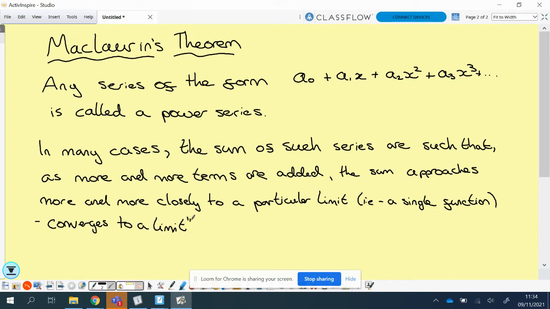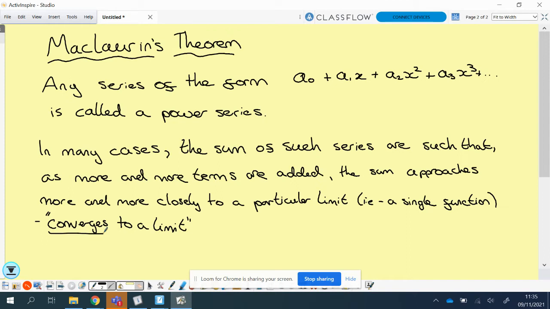With the keyword being converges. So sometimes a power series can actually converge to a function, and what I mean by a function is something very similar to a sine function or an exponential function, a function that you would know as a single function. A power series, depending on the values, can actually go towards that. It converges.